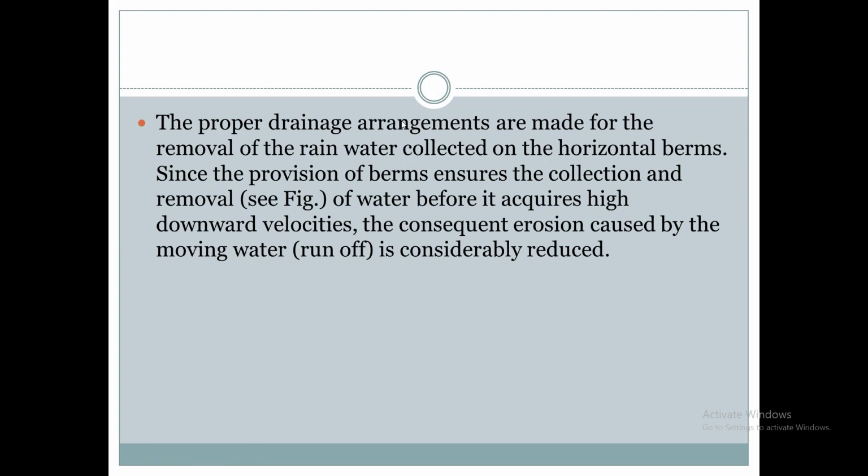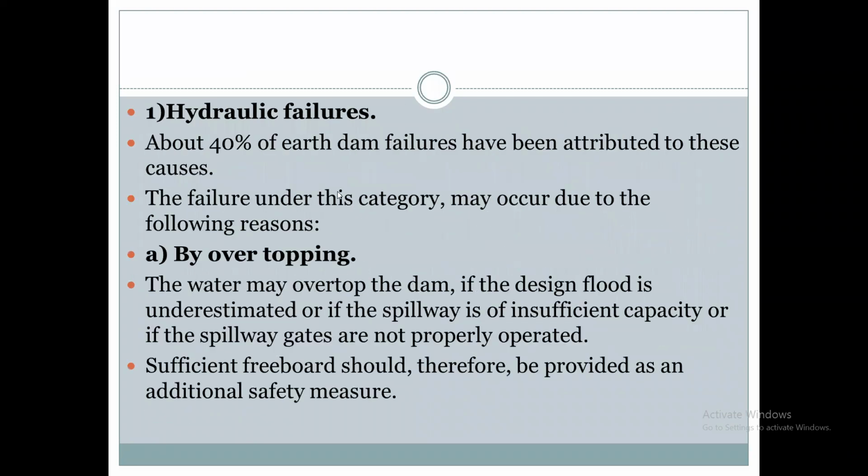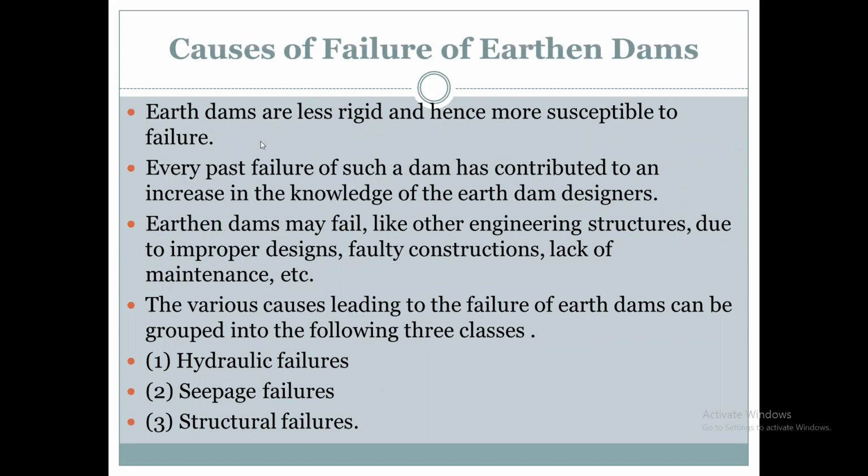Failure of earthen dams is caused by different reasons, and failure of gravity dams by different reasons. Depending upon the material used, the reasons for failure may be different. What are the causes of failure of an earthen dam?